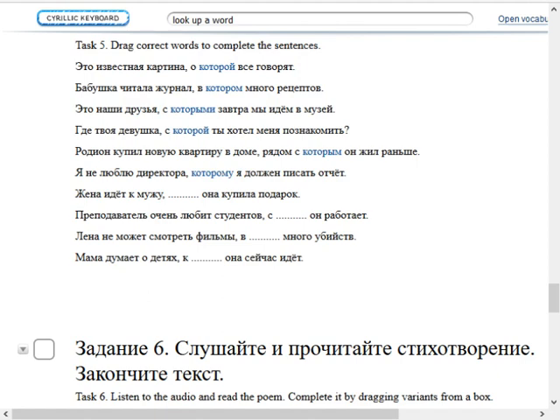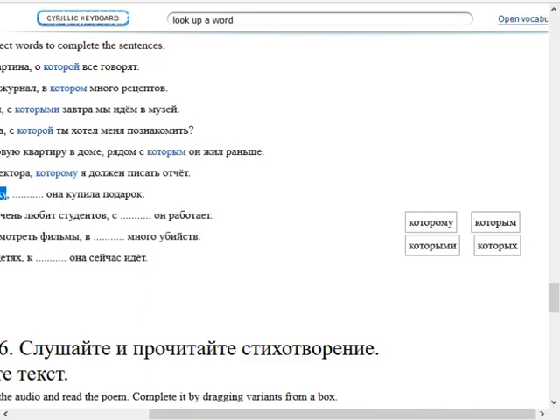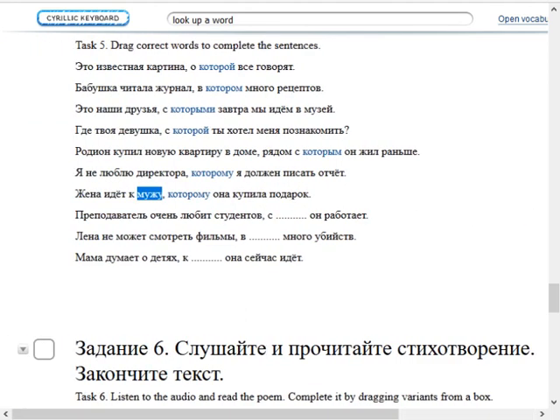Okay. Женя идет к мужу, которому она купила подарок. The wife goes to the husband, for whom she bought a gift. Once again, it's dative. Actually, that should be the same one because it's dative and it's for the husband. So it's actually, once again, которому, isn't it?